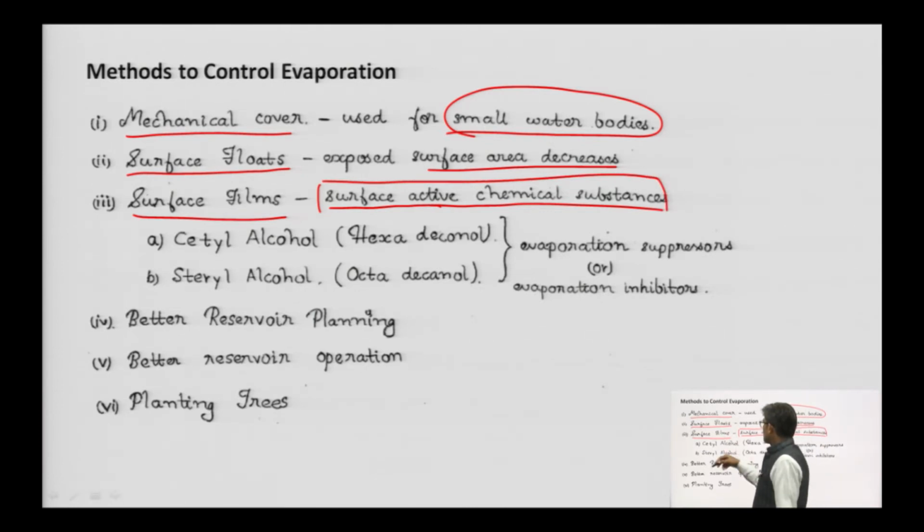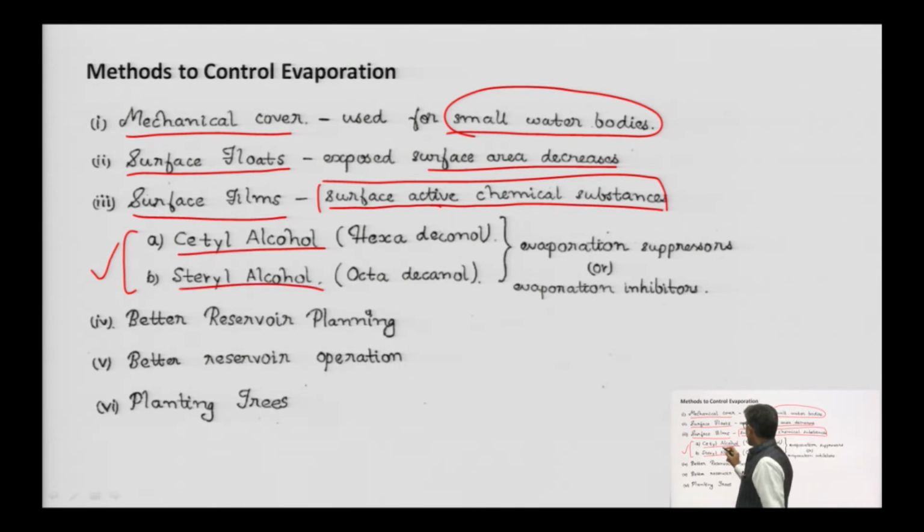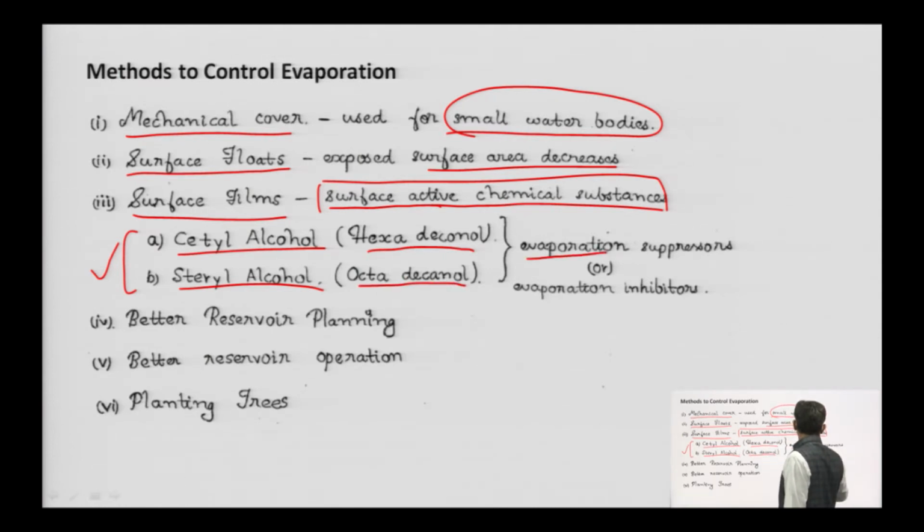These are the materials which are commonly used for this purpose: cetyl alcohol and stearyl alcohol, that is hexadecanol and octadecanol. These are called evaporation inhibitors, so we can use these inhibitors.